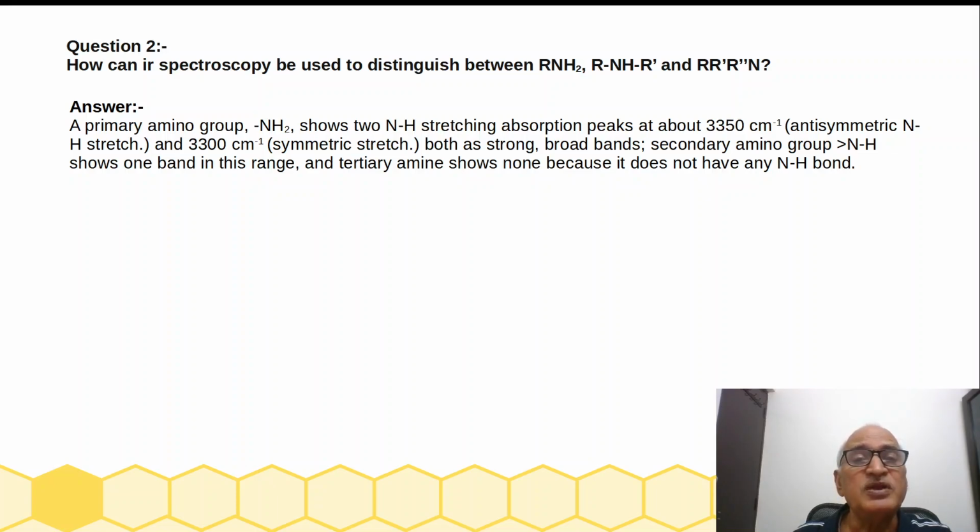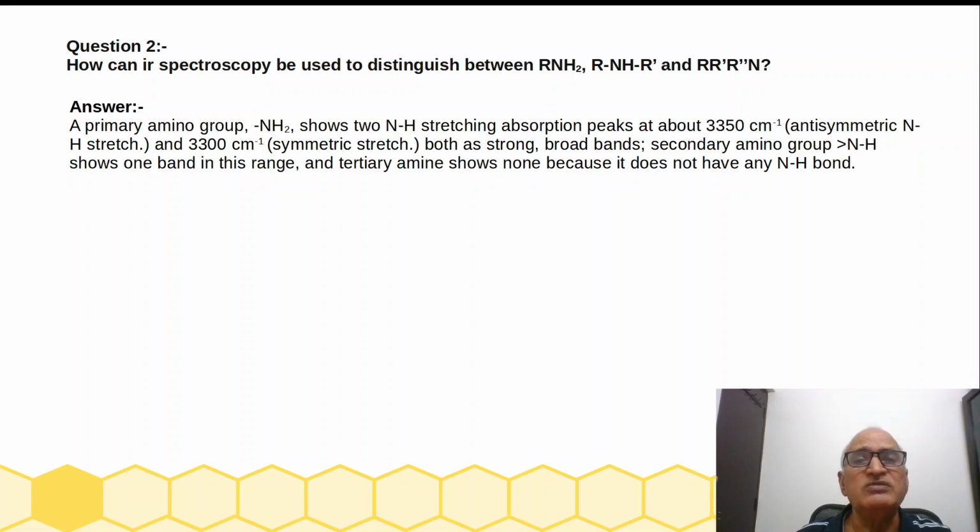Compounds containing a triple bond CH also show a peak in this region due to CH stretch. But the difference from the amino peak is this: amino peaks are strong because the NH bond is polar, whereas the triple bond CH stretching peak is very weak because it is non-polar.